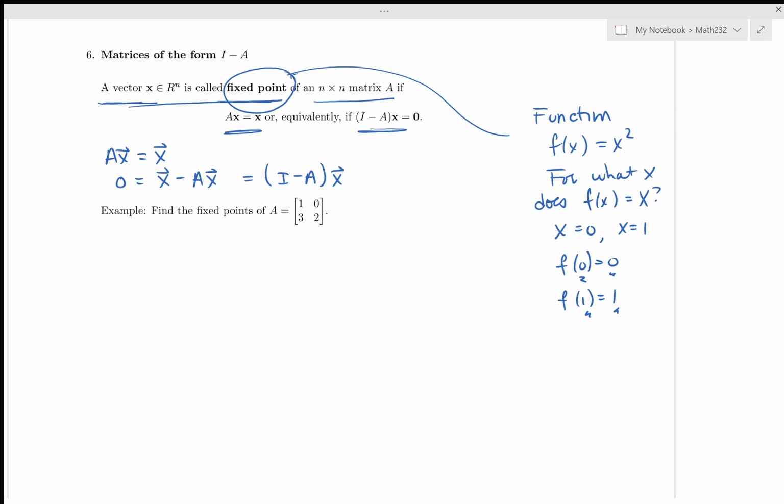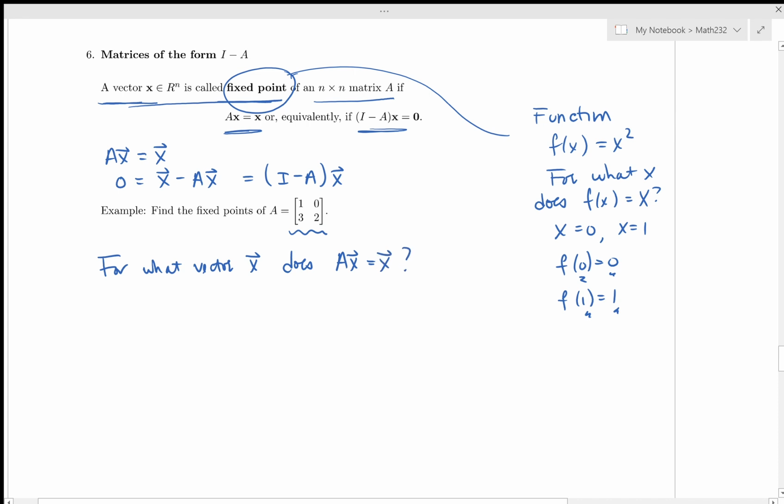This is the same idea that I'm having here. I'm going to try to find a vector x such that when I operate on x by A, nothing happens. I just get x back. So I'm going to write that out in words. When it says find the fixed points of A, I'm asking for what vector x does Ax equal x?